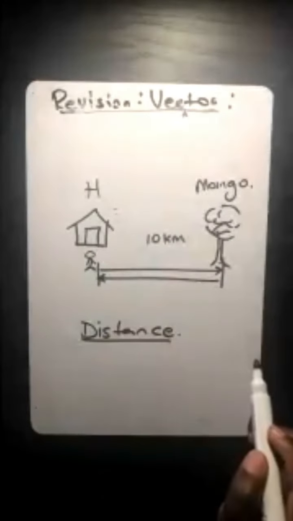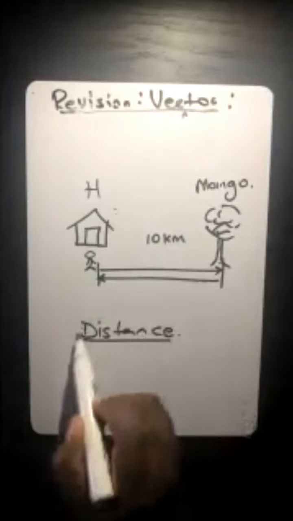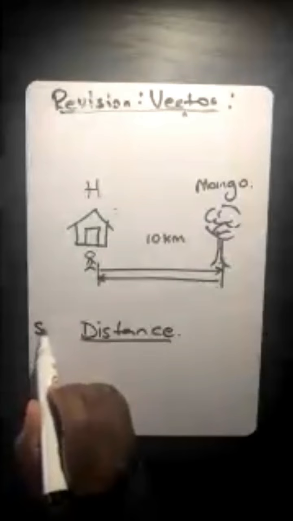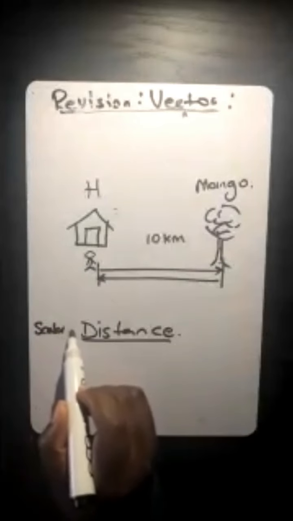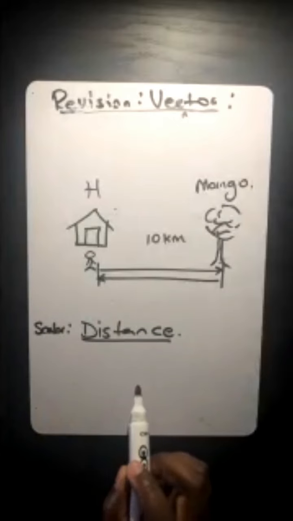Let's first have a look at the distance formula. Distance is a scalar quantity, I hope you remember, and displacement is going to be a vector quantity.